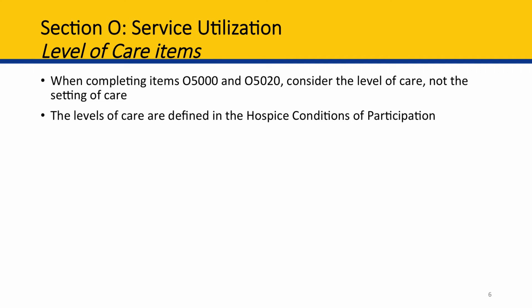For example, if a patient is residing in a hospice inpatient unit or facility, but is receiving routine home care level of care, you would consider the level of care routine home care. The levels of care are defined in the hospice conditions of participation and include routine home care, continuous home care, general inpatient care, and inpatient respite care.